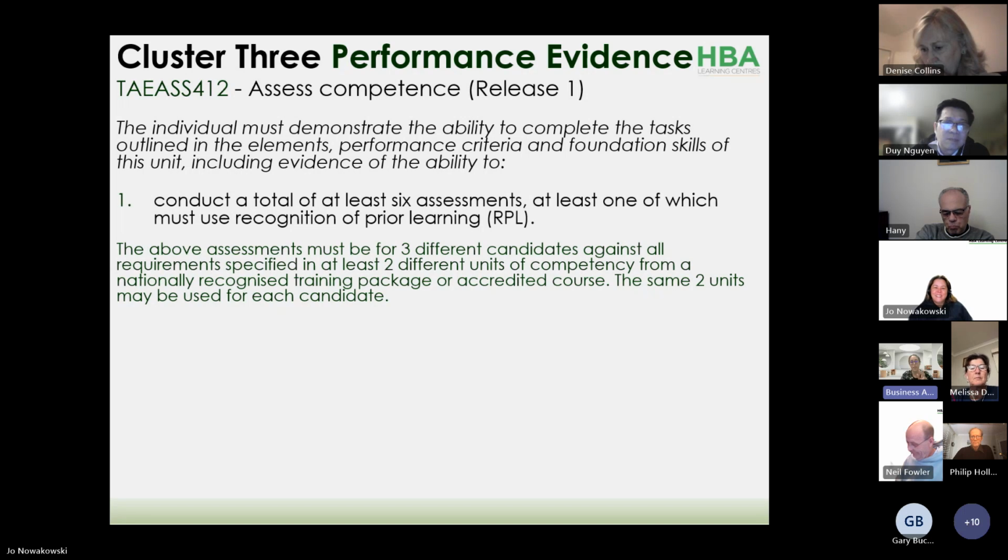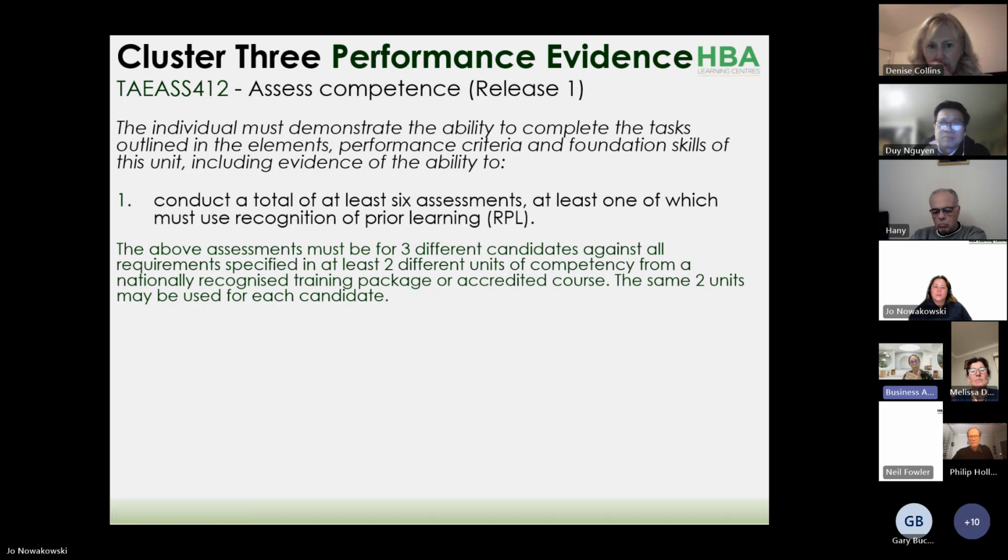I've already finished cluster 3, and just this part remains because I have some questions. There were 2 units of competency. For record 1, can I do the same unit of competency for both persons?